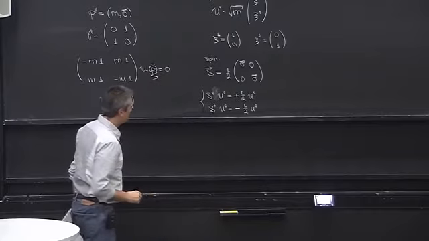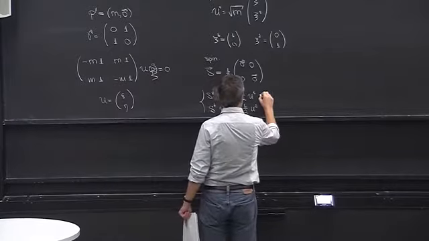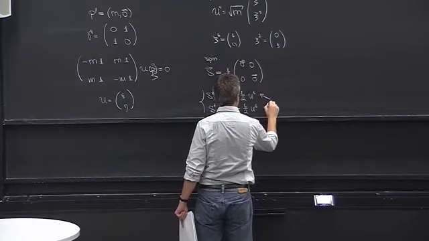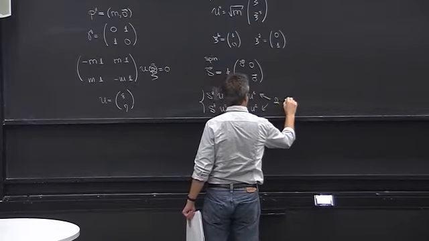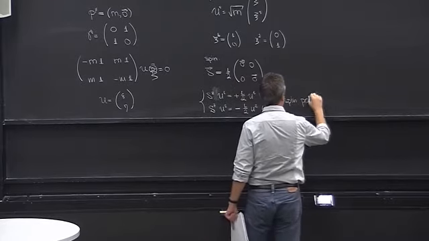So this shows that these are two spin polarizations of a particle at rest.